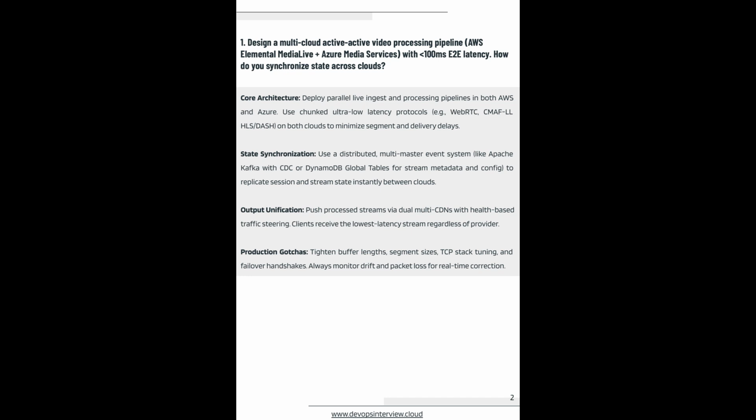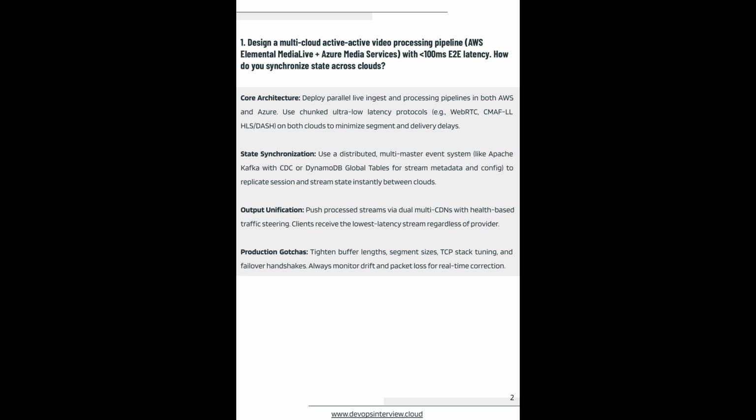Plus, this stateless design means you can easily scale out horizontally. You need more capacity, just spin up more microservices across both clouds. And load balancing becomes much simpler because there's no single bottleneck. And the multi-master sync plays into the speed of that failover. Absolutely. That multi-master replication is what makes sub-100 millisecond failover achievable.